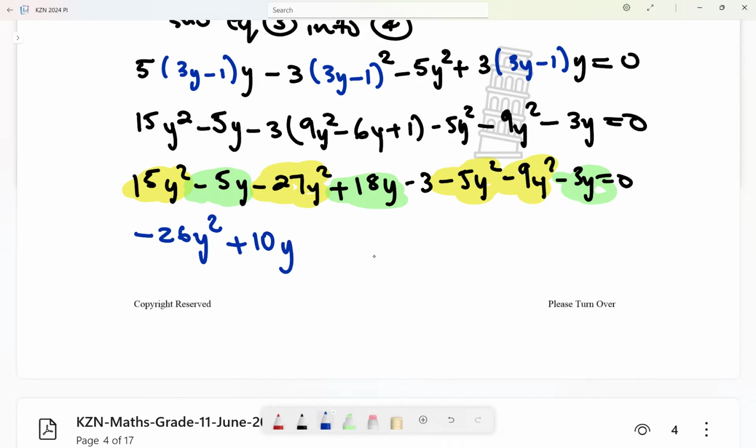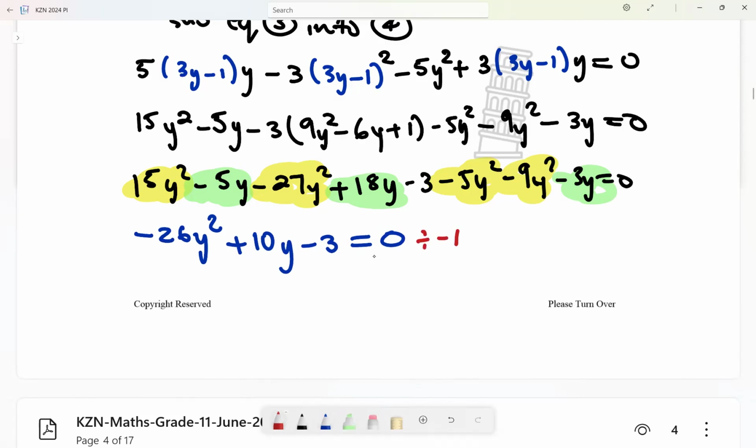Then we are left with the constant. Where is it? Negative 3. Let me try to confirm if I did everything correctly. Yes. Now, I like to divide by negative 1.